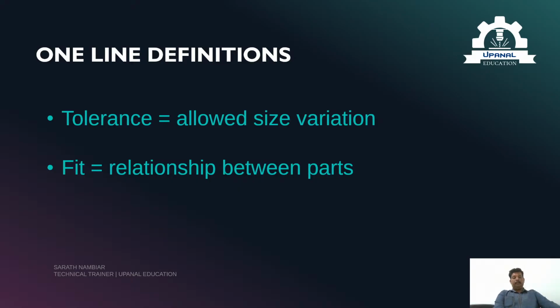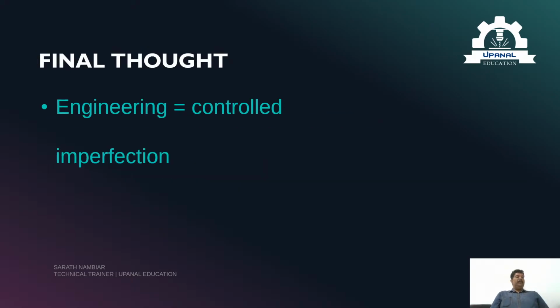Many people think engineering is about making perfect parts. But in reality, engineering is about understanding imperfections, controlling them, and using them wisely. No part is perfect. Every part has some variations.